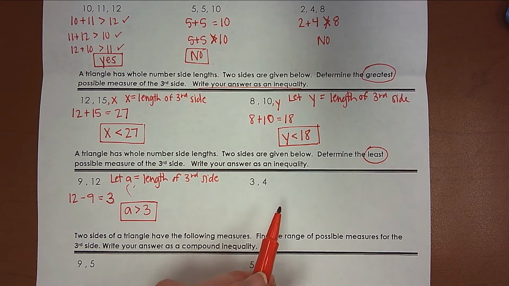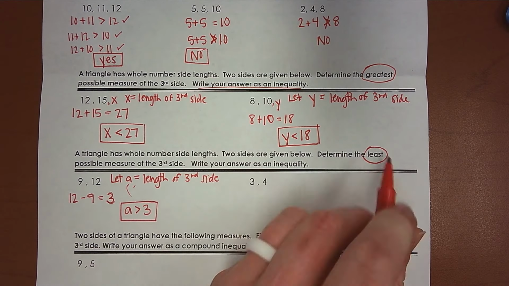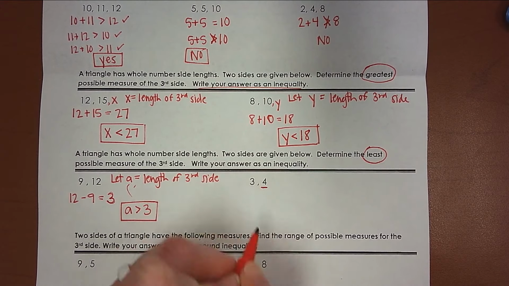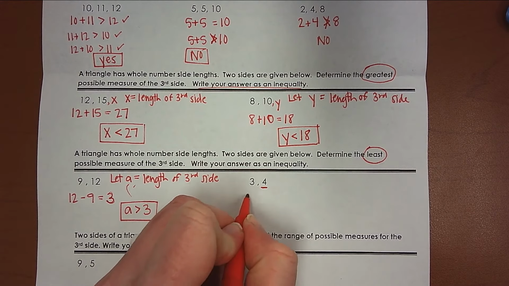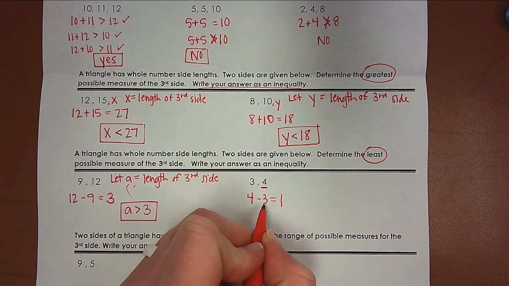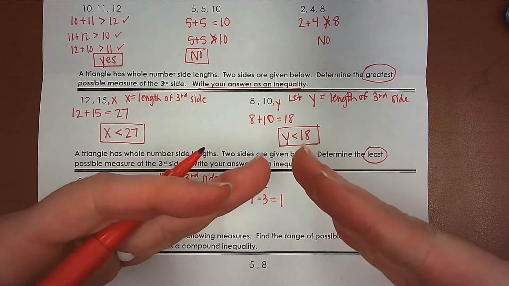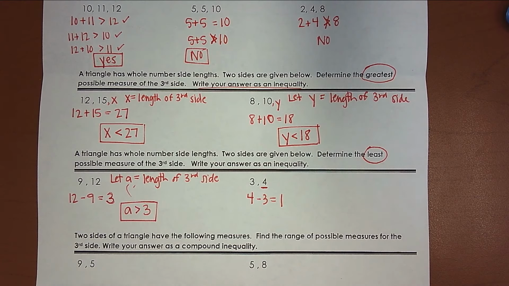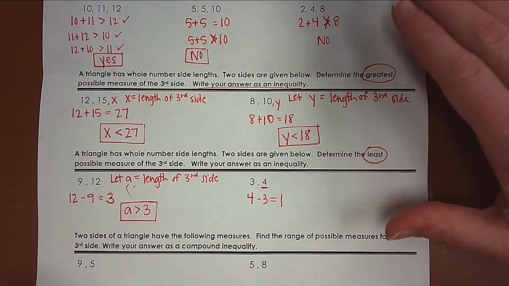And then 3 and 4, again, if we're coming up with the least side, 4 is going to be my big side. So 4 minus 3 equals 1. If I had side lengths of 3 and 1, those two short sides would collapse onto that long 4 line.